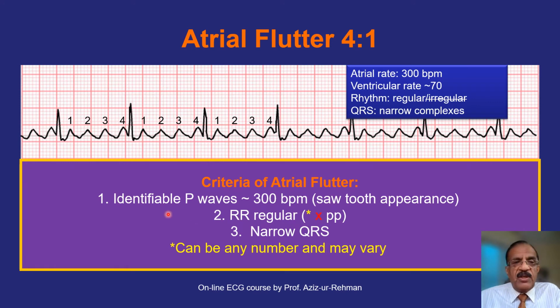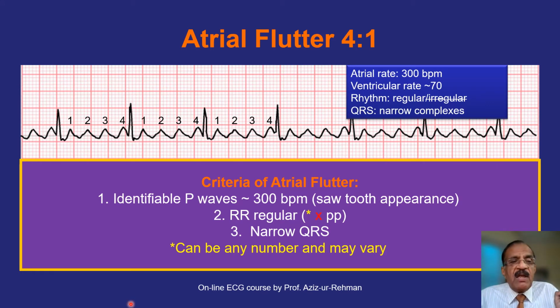So these are the criteria. Identifiable P wave. Why do I stress on identifiable? Because in atrial fibrillation, another condition, you don't see the P wave. Although in some cases the rhythm could vary between flutter and fibrillation. In the same strip, at some part you think that this is flutter, and other parts you may think this is fibrillation.